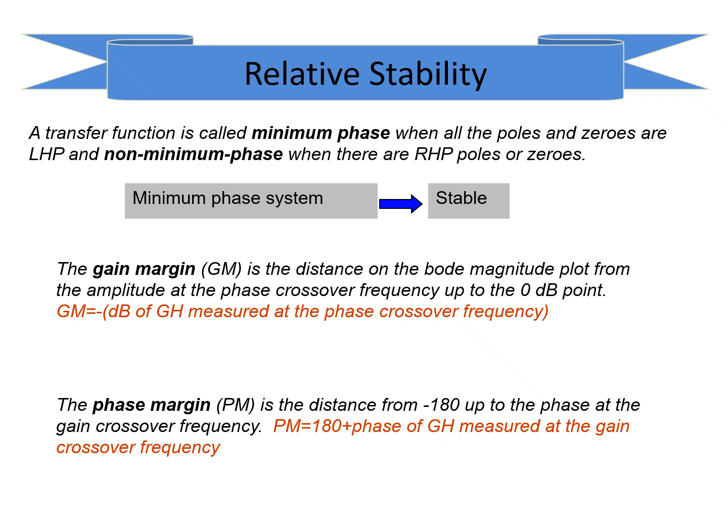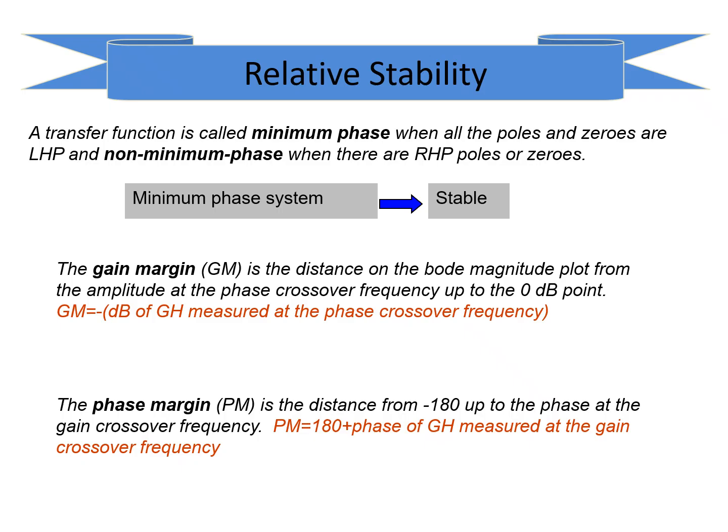GM is the gain margin, minus dB of GS measured at the phase crossover frequency. Then the phase margin is the distance from minus 180 degrees up to the phase at the gain crossover frequency.